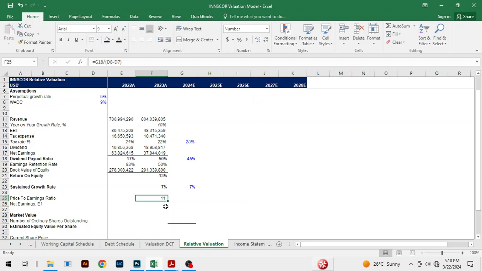So we take here, and then we divide by the WACC minus the perpetual growth rate, okay, and we get 11.